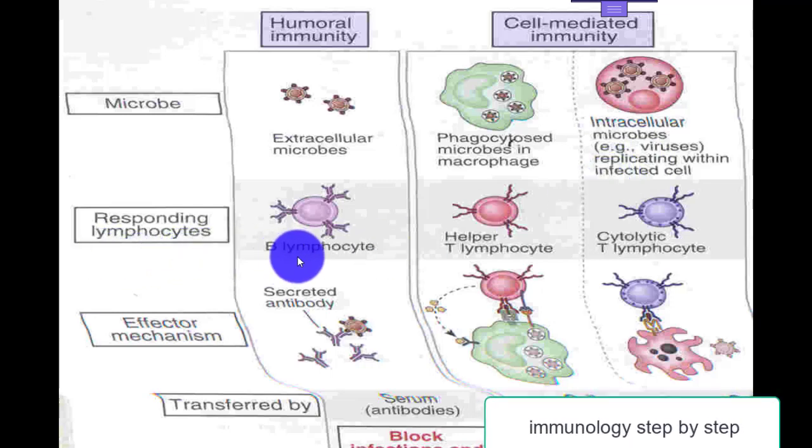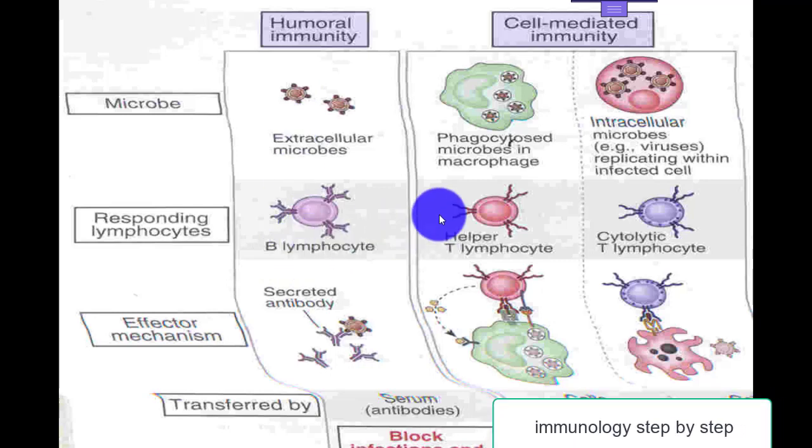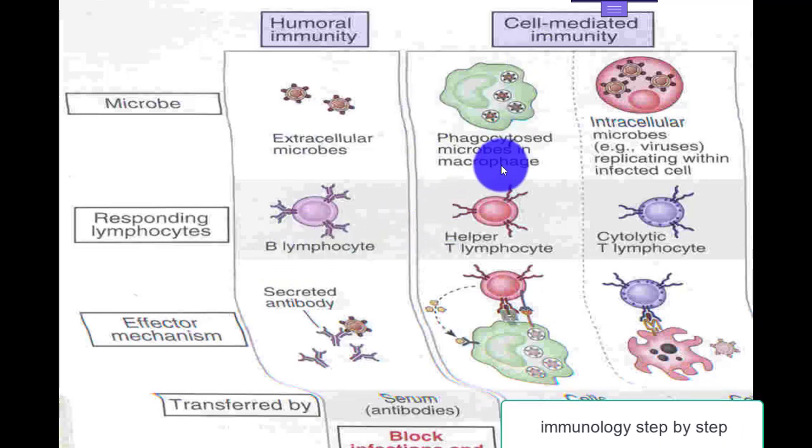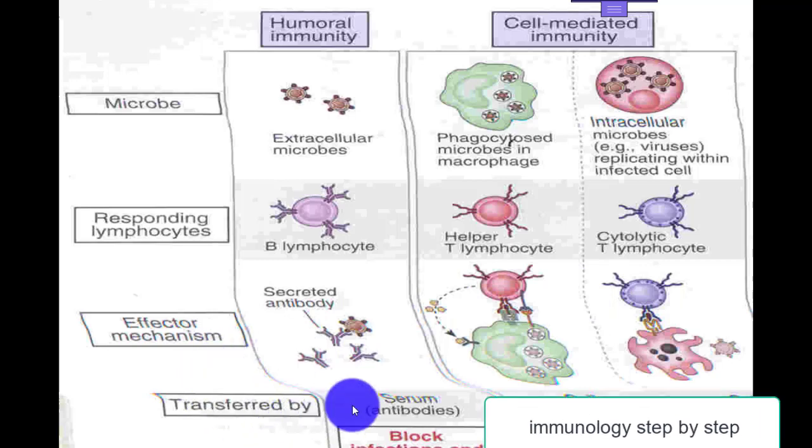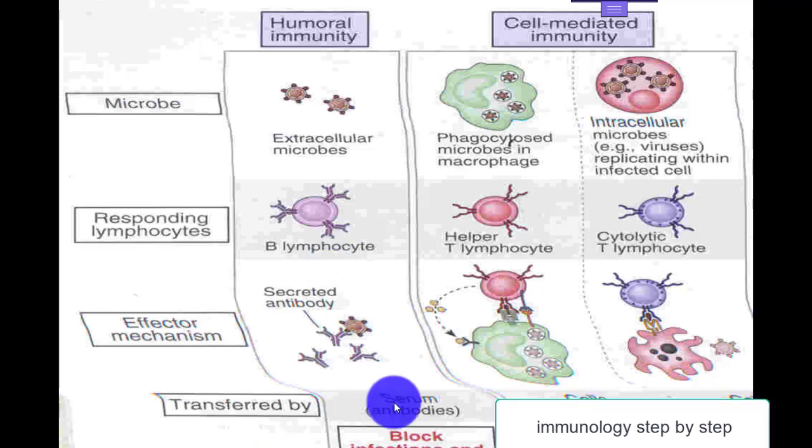The responding lymphocytes are B lymphocytes in humoral immunity, and helper T lymphocytes and cytotoxic T lymphocytes in cell-mediated immunity. In humoral immunity, serum antibody blocks infection or eliminates extracellular microbes; this is the function of the antibody.